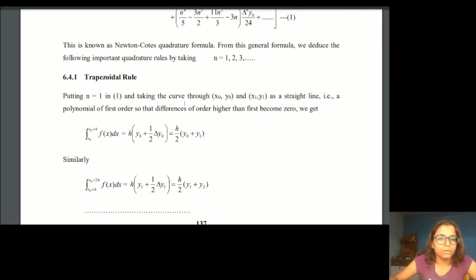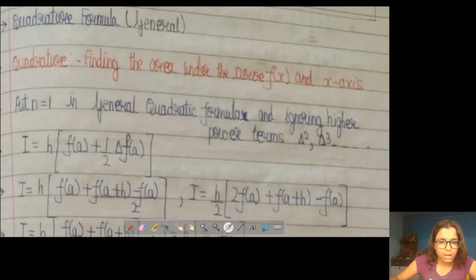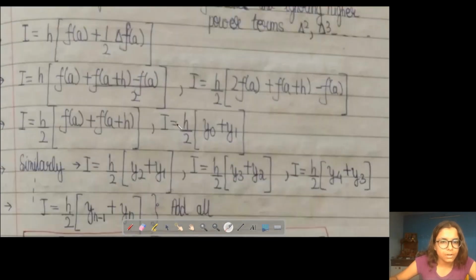And now on to the next part, that was the trapezoidal rule. In the trapezoidal rule, we would put n is equal to 1 and use a straight line, where we would ignore all the higher order degrees other than the first one, and we would just put the values as we have seen here.